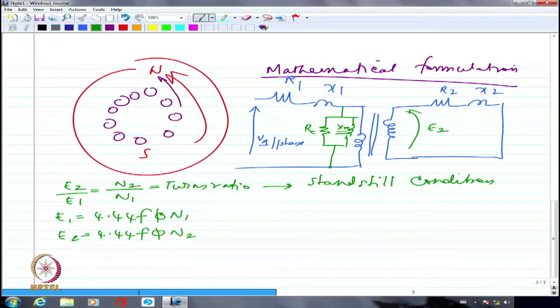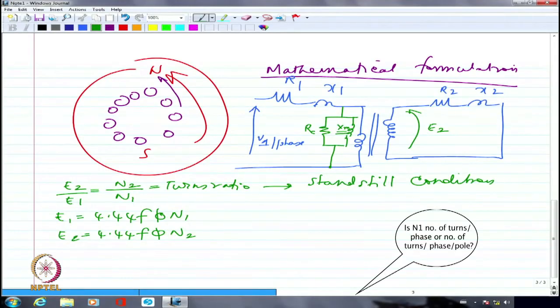We are talking about basically per phase. Per phase, however many turns I have got. If I am talking about flux as flux per pole, then I will also have N1 as the number of turns per phase per pole. So depending upon whether I am connecting all of them in series or parallel, those things also matter.